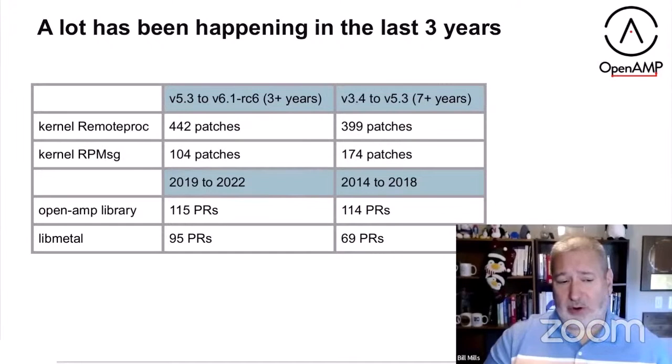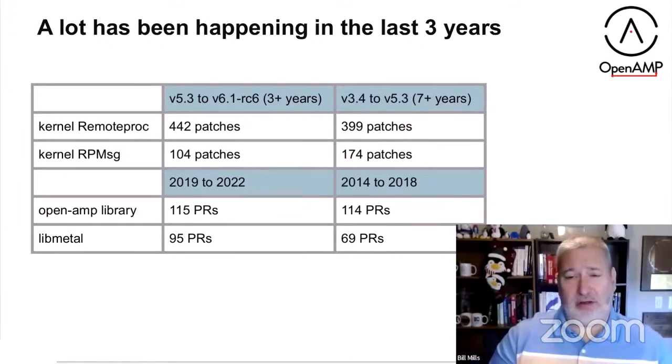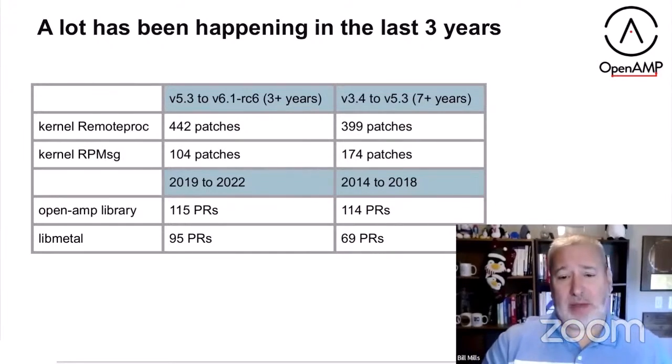In the OpenAMP library and libmetal, again, very active in the past 3 years. We're getting more collaborators than we have in the past. So always interesting to get new people, new perspectives into the project. So I thought this was very interesting.